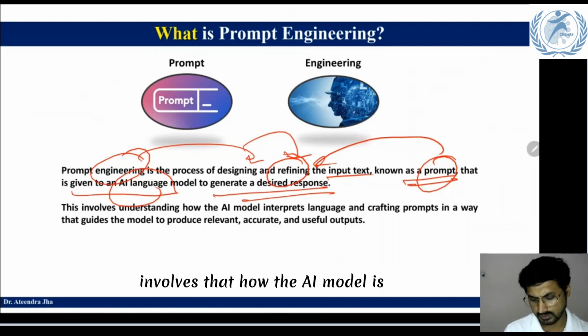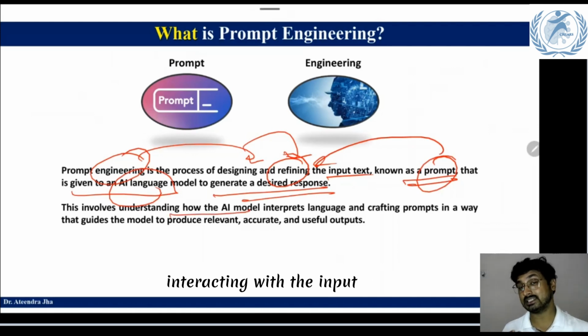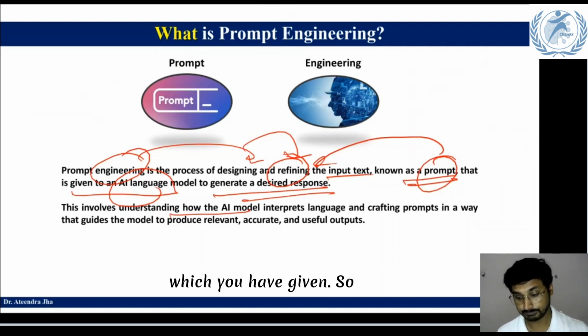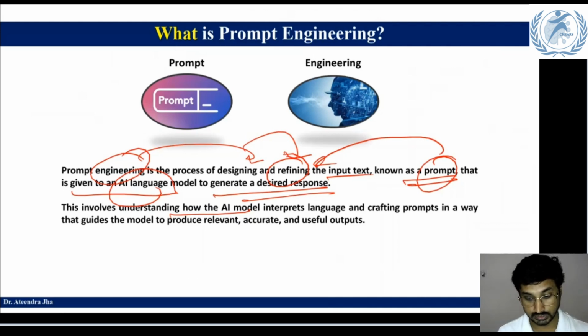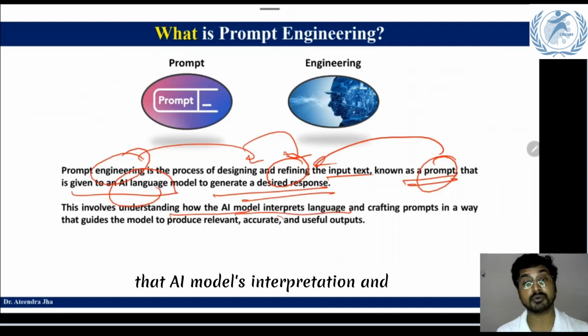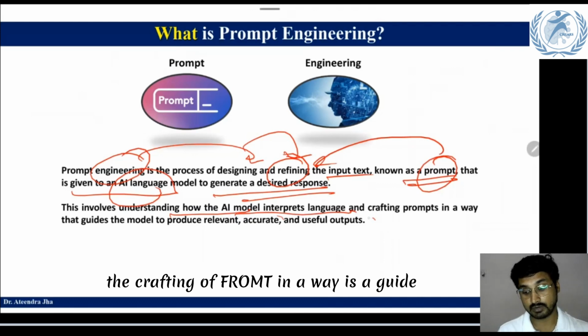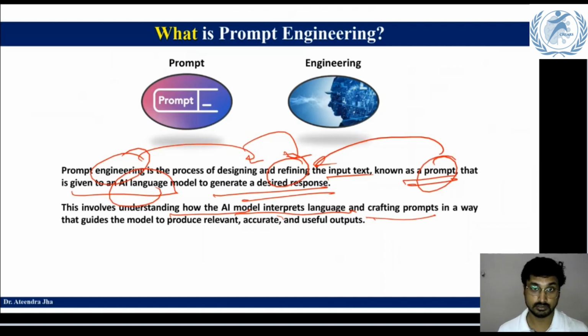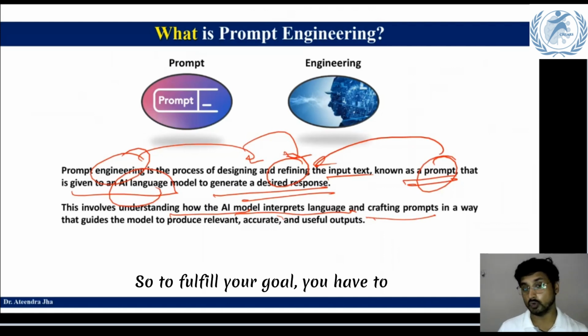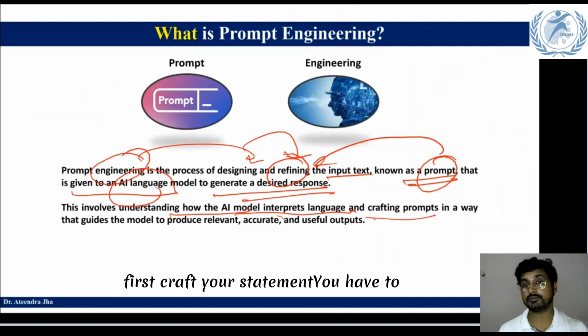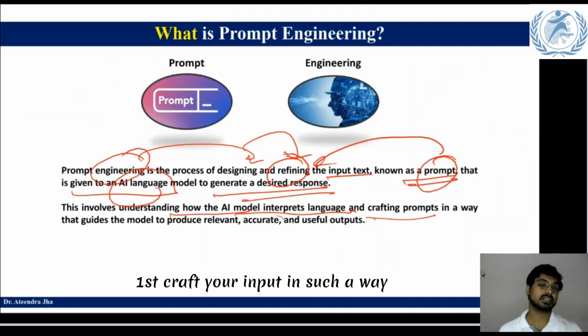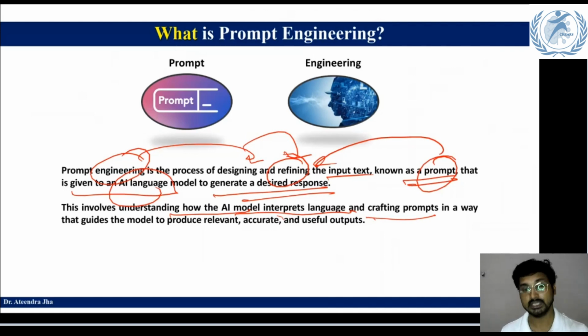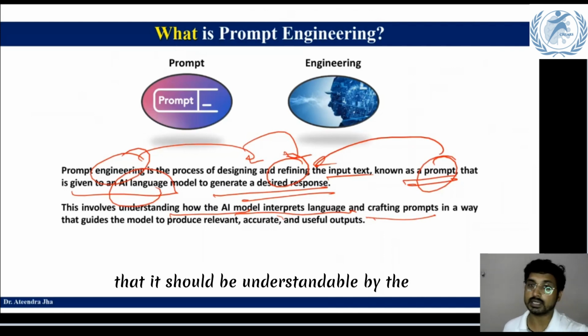And this also involves how the AI model is interacting with the input which you have given. So the AI model's interpretation and the crafting of the prompt is a guide to the model to produce the relevant output that you actually want. So to fulfill your goal, you have to first craft your input in such a way that it is understandable by the machine.